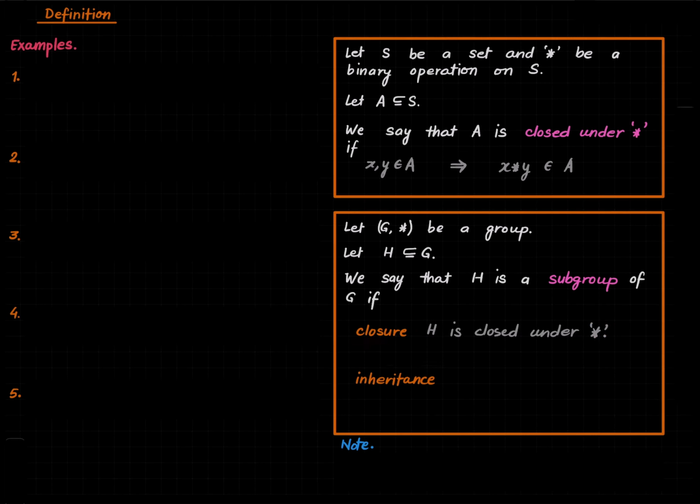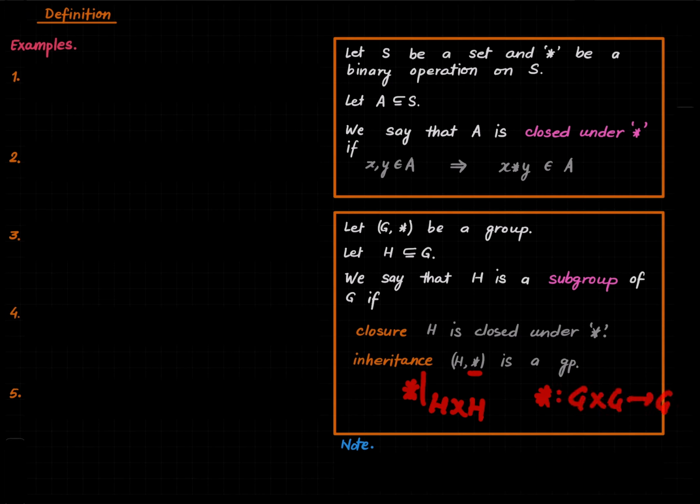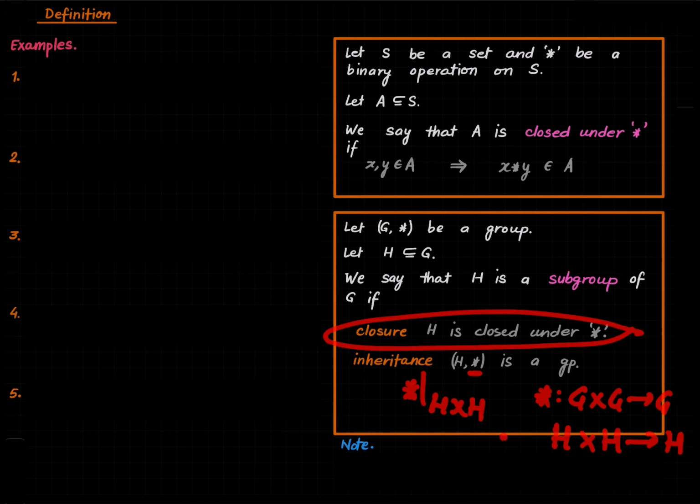Okay, and inheritance, this is the final thing. Inheritance means that this thing is a group. Since by closure, this thing is a set with a binary operation now, right? Well, when I write star here, strictly I should write star restricted to H cross H. Star was a function from G cross G to G, but because of this, you can think of star also as a function from H cross H to H. Notationally, we should qualify it with some horrible thing like this, but we don't do it.